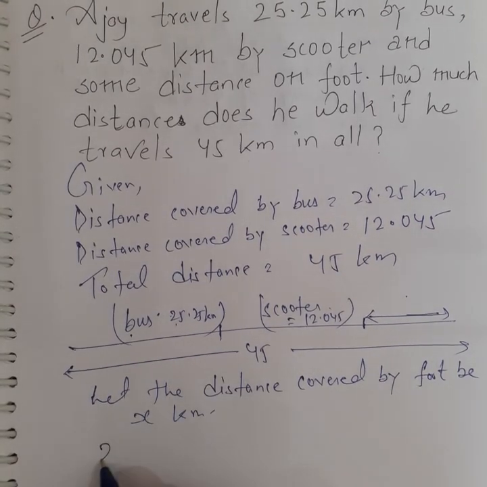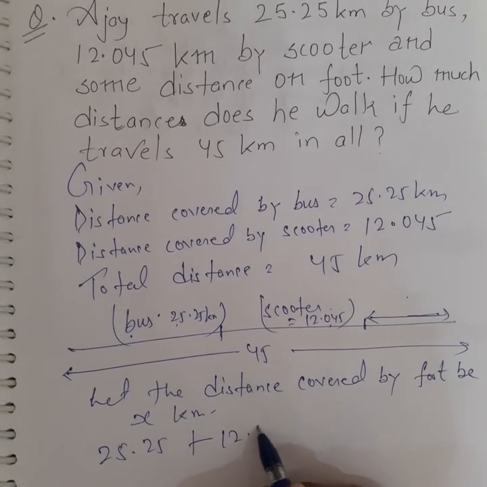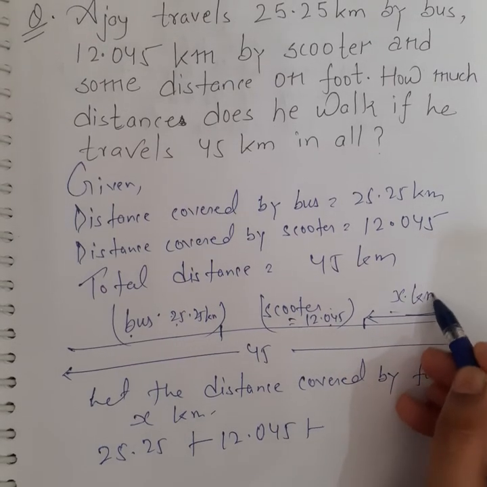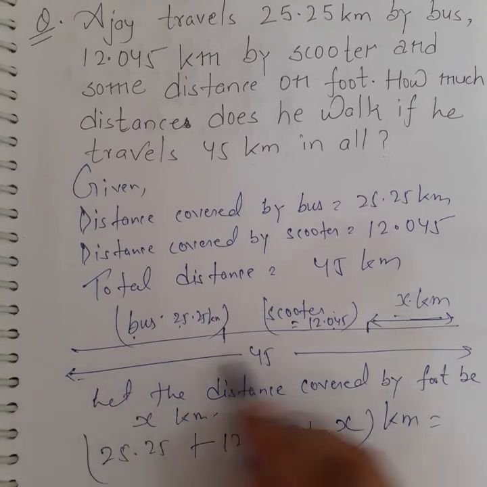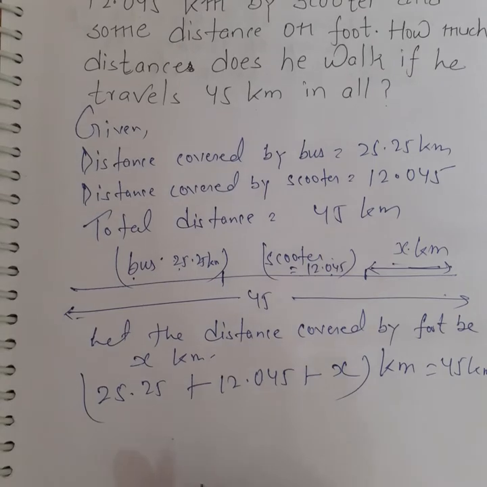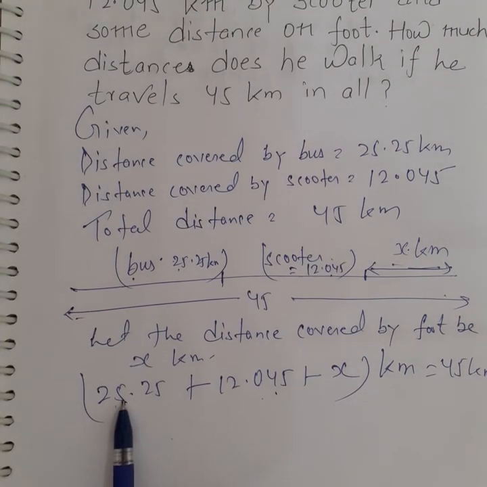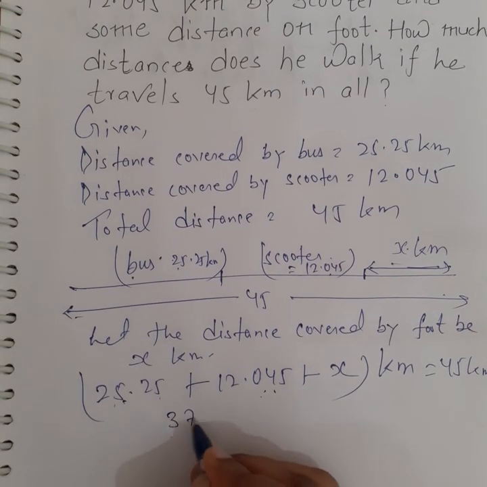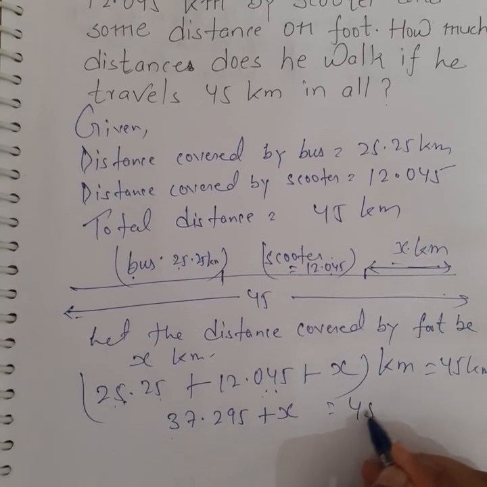Then this distance 25.25 plus this distance 12.045 plus this distance, that is x kilometer, is equal to the total distance, that is 45 kilometer. Now what we have to do? First we add these two distances. By adding 25.25 and 12.045, we get 37.295 plus x is equal to 45.